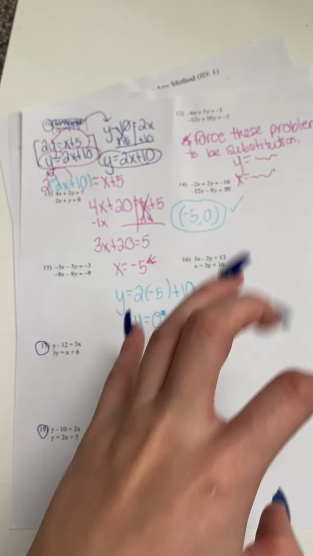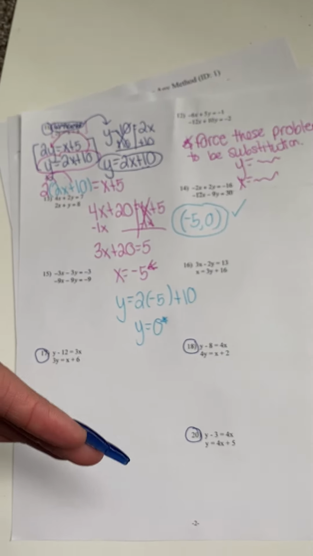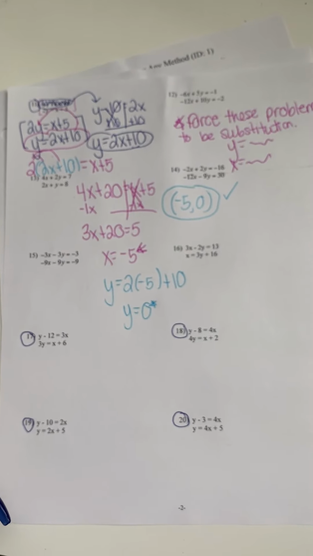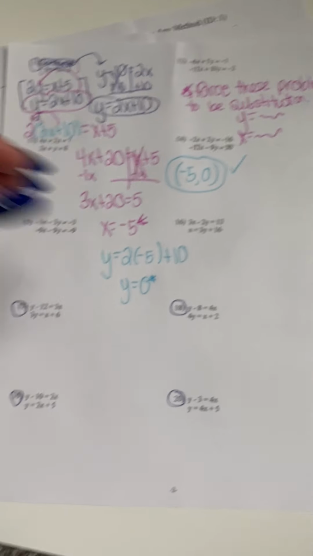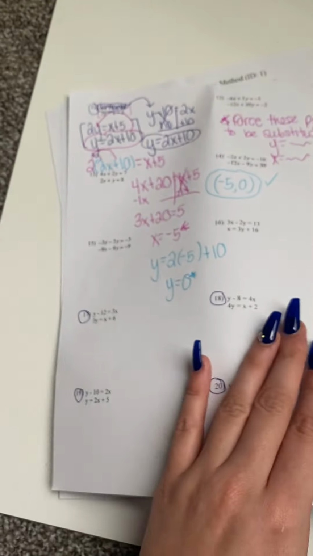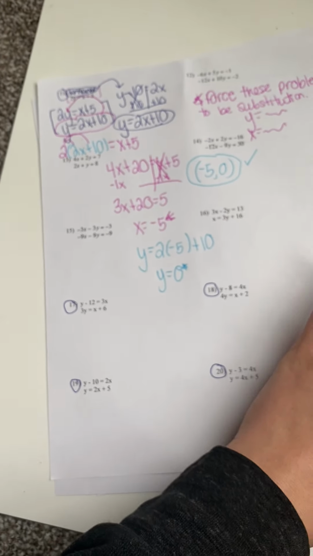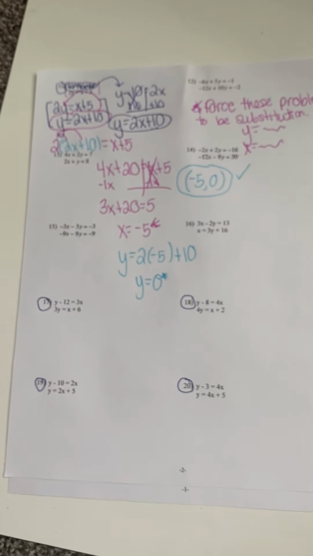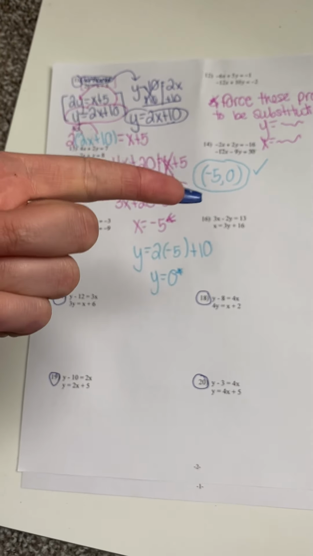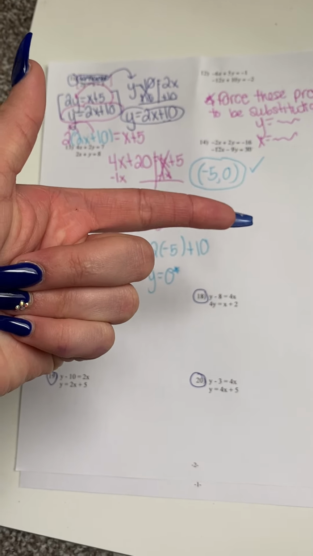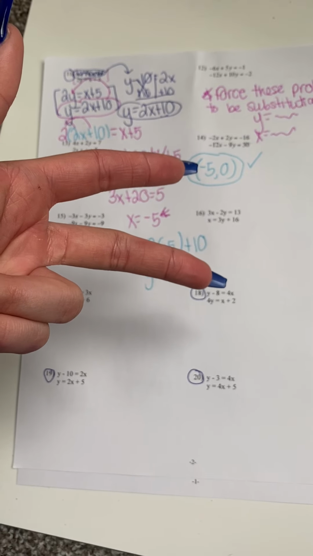This back page is all due by 11:59 tonight. All right, so here's the thing. That means that this whole page should be completely done by tonight. All right, remember that you have to do the completed work, and then you also have to tell me what method you used for this and explain why.